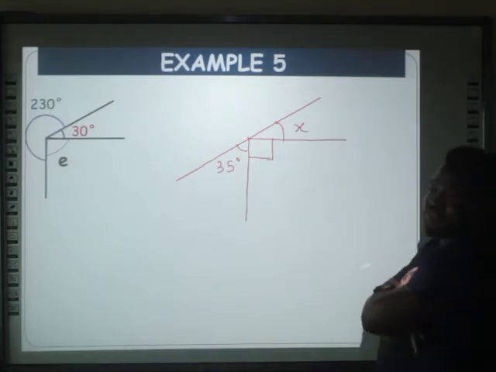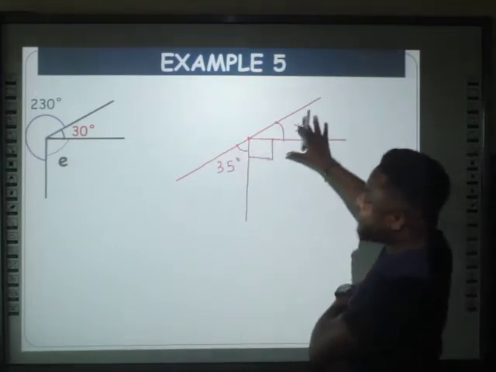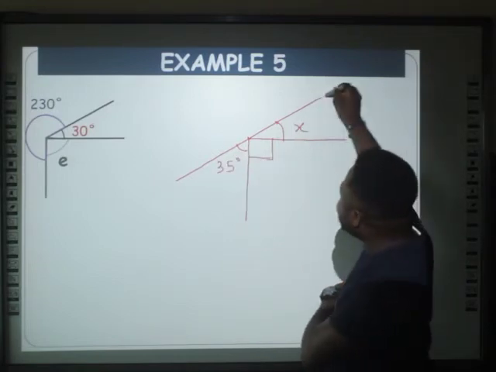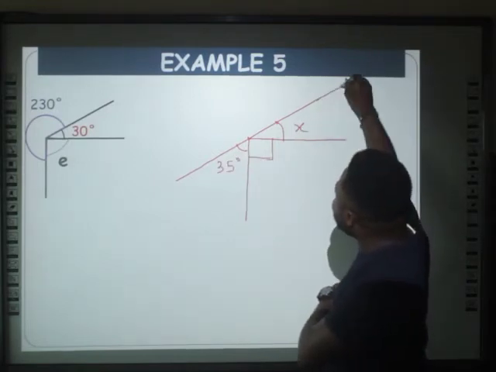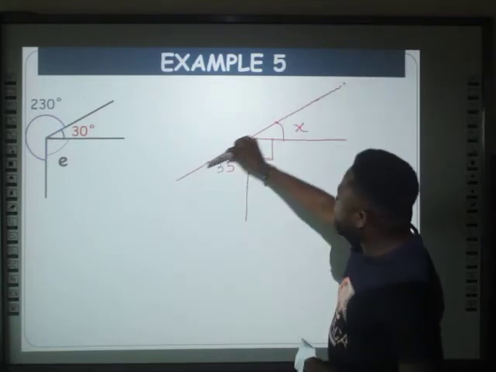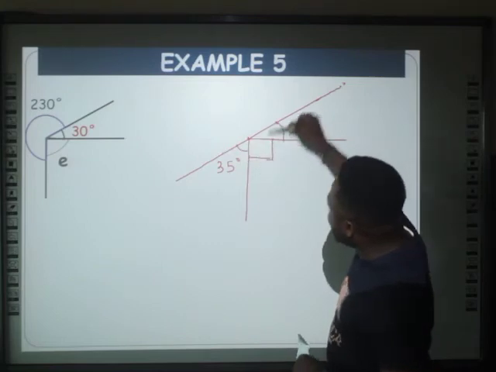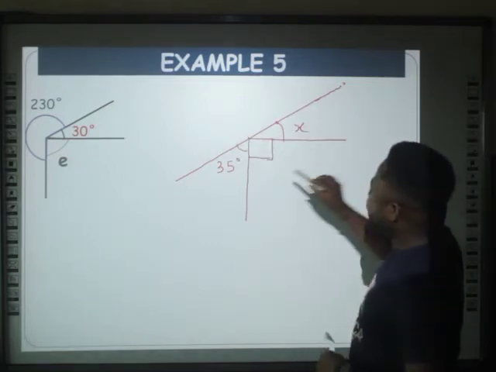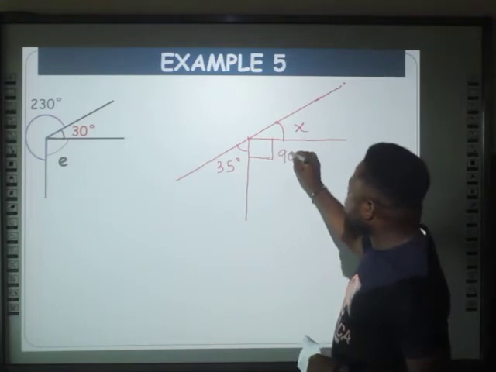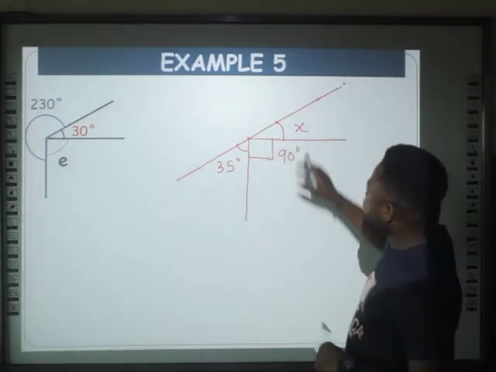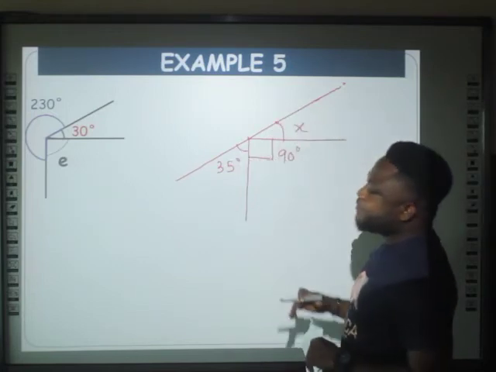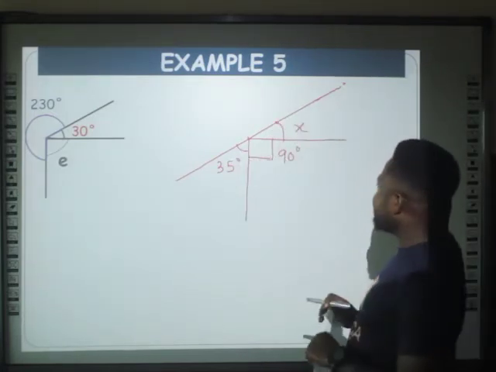Now, if you observe closely, we have three angles here, and the angles all lie on what? On a straight line. You notice that all these angles are all on a straight line. Now, this square shape should tell us that this is what? Angle 90 degrees. So since this is a straight line, the addition of these three angles on the straight line must be equal to 180 degrees.